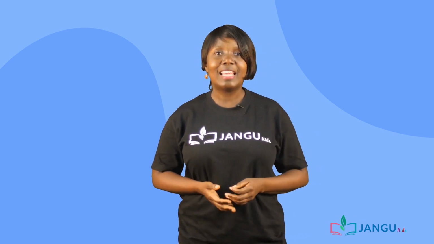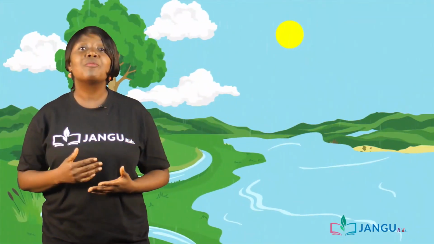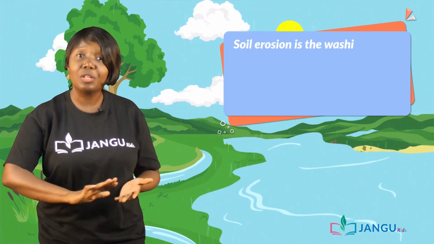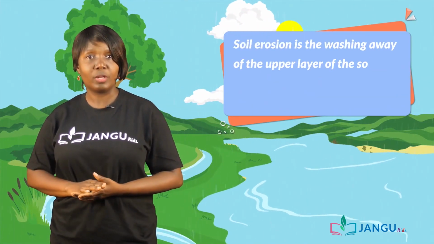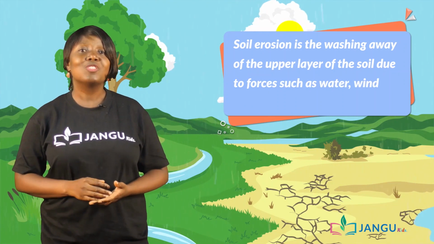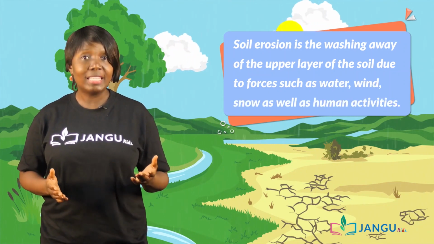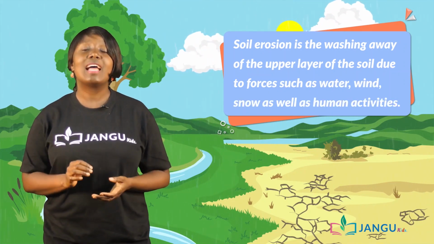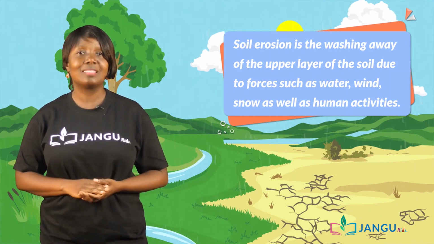Environmental hazard is a term used for any situation or state of events which poses a threat to the environment and adversely affects the ecosystem. Soil erosion is the washing away of the upper layer of the soil due to forces such as water, wind, snow, as well as human activities.